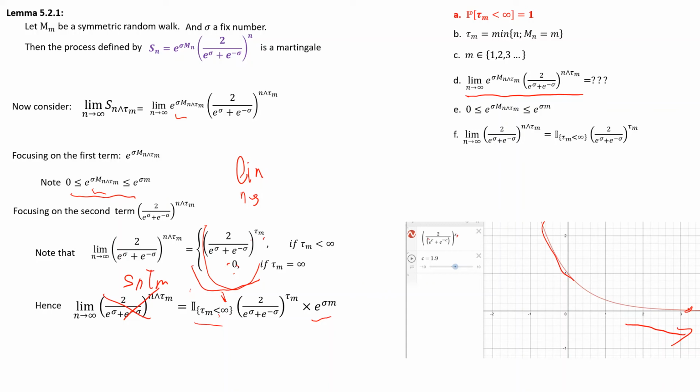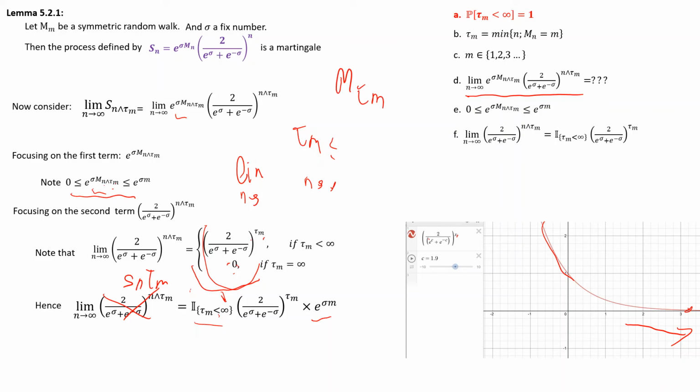But in the other case, where actually tau m is less than infinity, but n is tending to plus infinity, then the minimum between n and tau m is going to be tau m, right? And then we have M tau m. What is this M tau m?